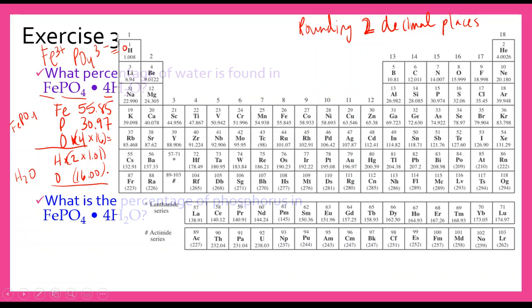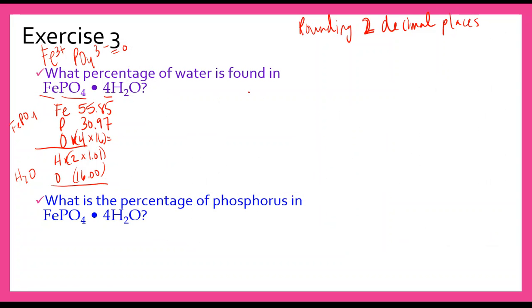Okay. Now we have our numbers and we can move ahead with calculating. So here, 55.85. Here's your 30.97. Those are just 1 each, and then this would be 64 for the 4 oxygens, and we could add those up.